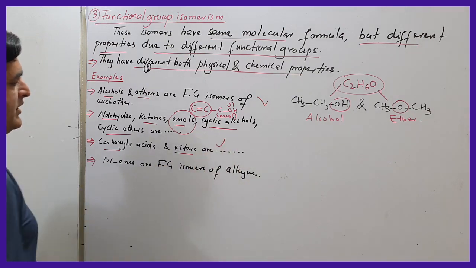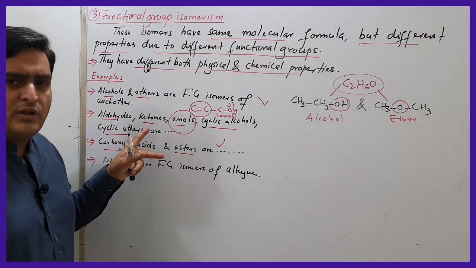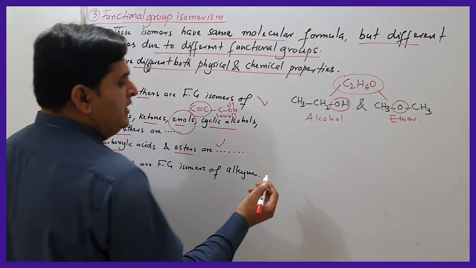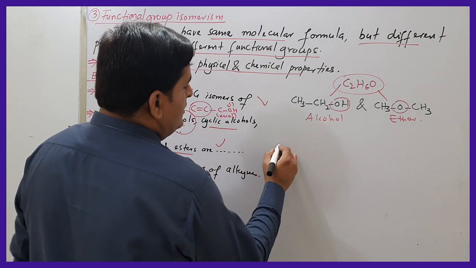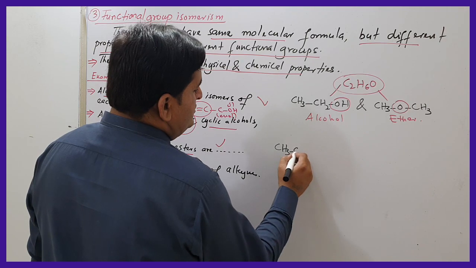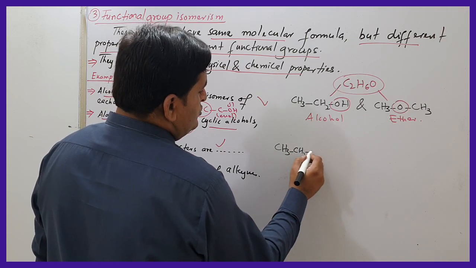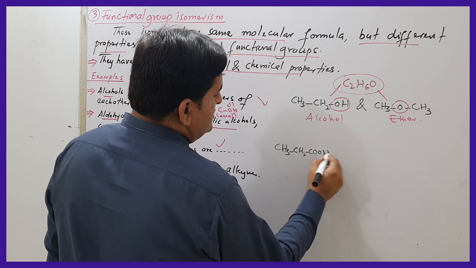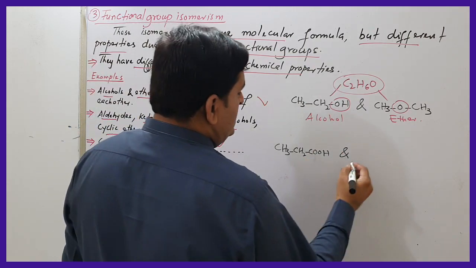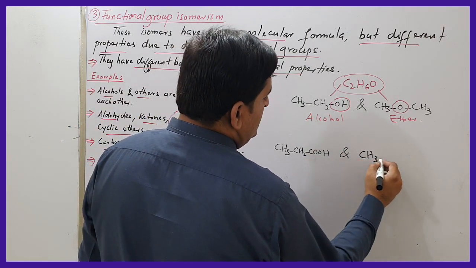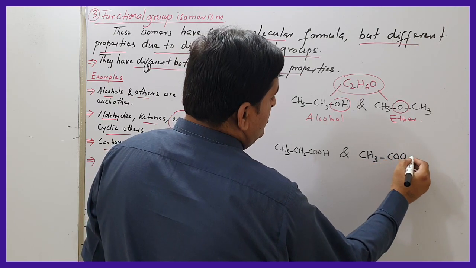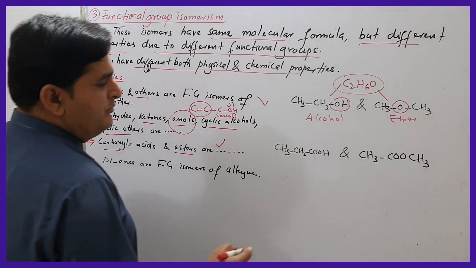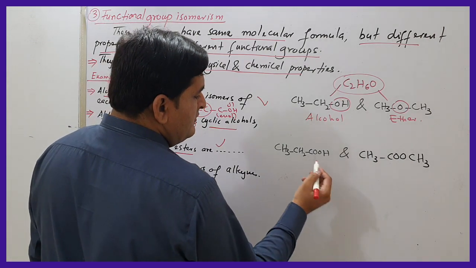Let's take another example. Consider these examples yourself: carboxylic acids and esters. Say we have propionic acid, CH3CH2COOH, and if we make it an ester, CH3COOCH3. Now when we consider these compounds, they have the same molecular formula.